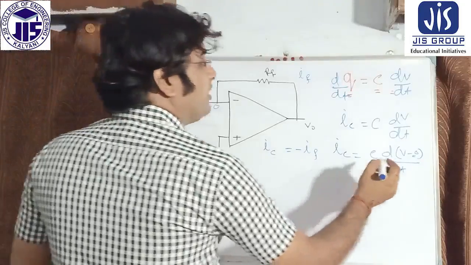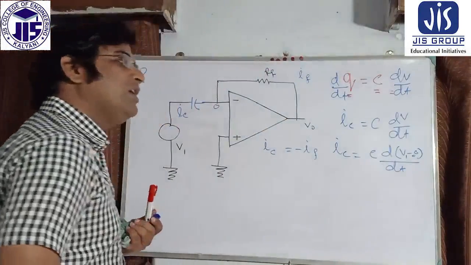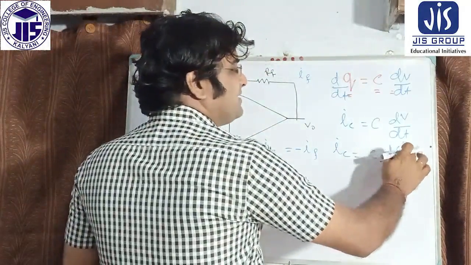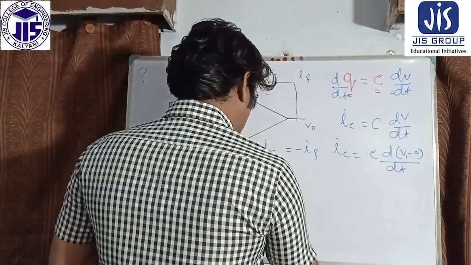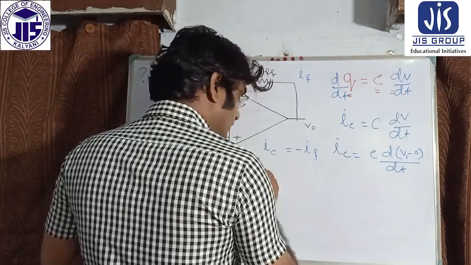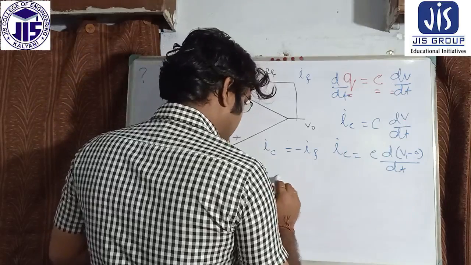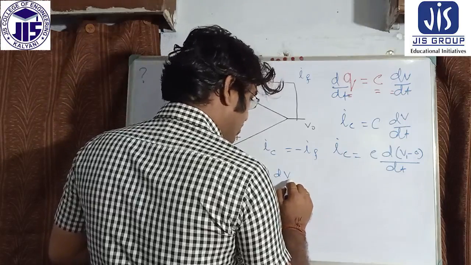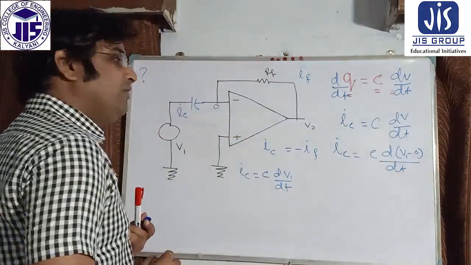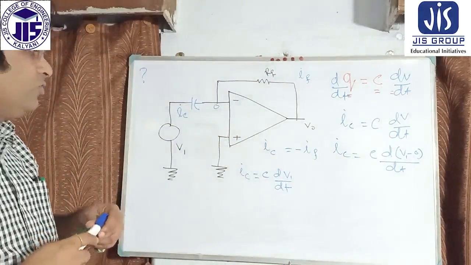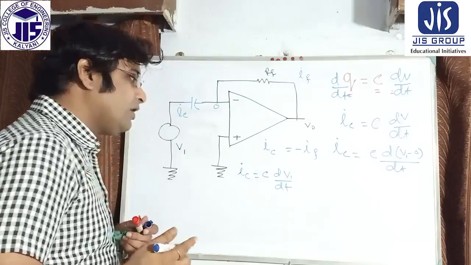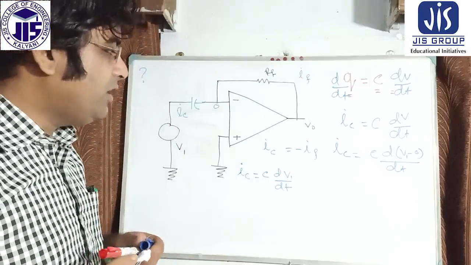This is V1, sorry. That's why we can write that IC equals C dV1/dt.